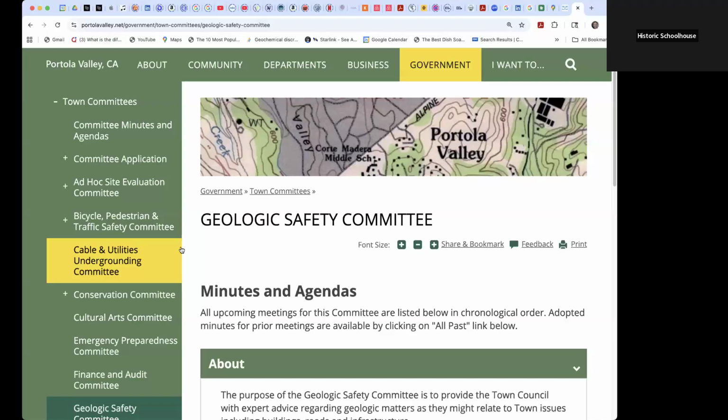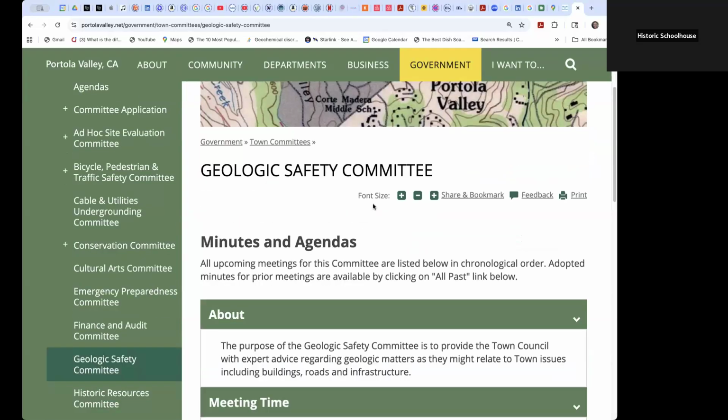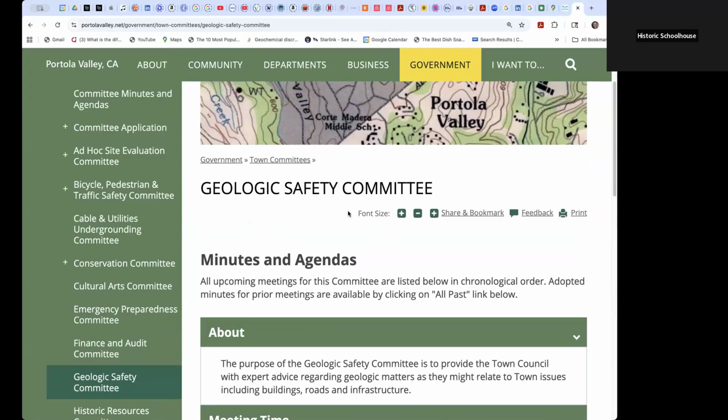And so let me simply share this again so that it's easy for people to see what we have right now. Right, so this is the route that Nan sent me: government, town committees, Geologic Safety Committee. So we have the minutes and agendas, but it would be reasonable to have some links at, say, this level here.